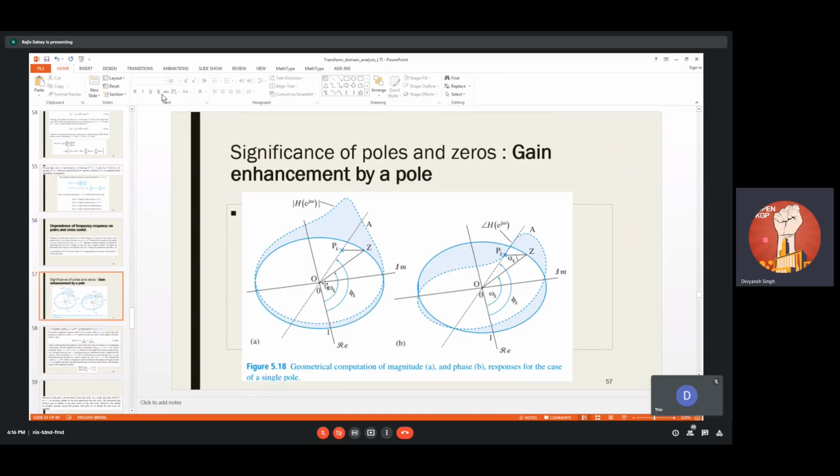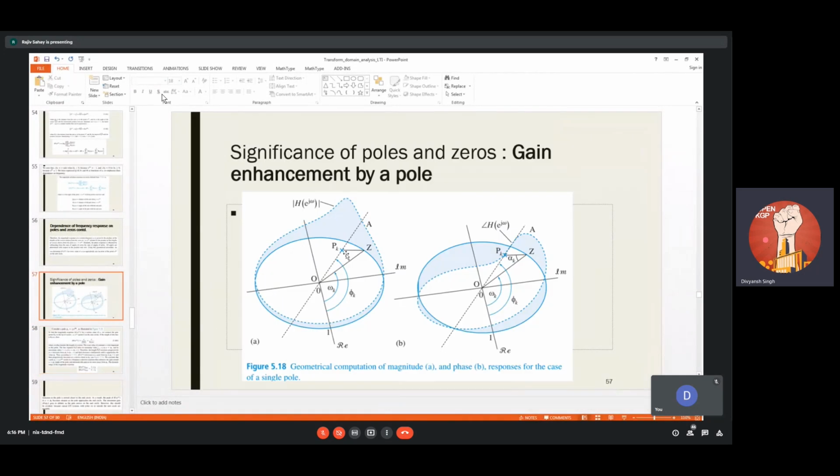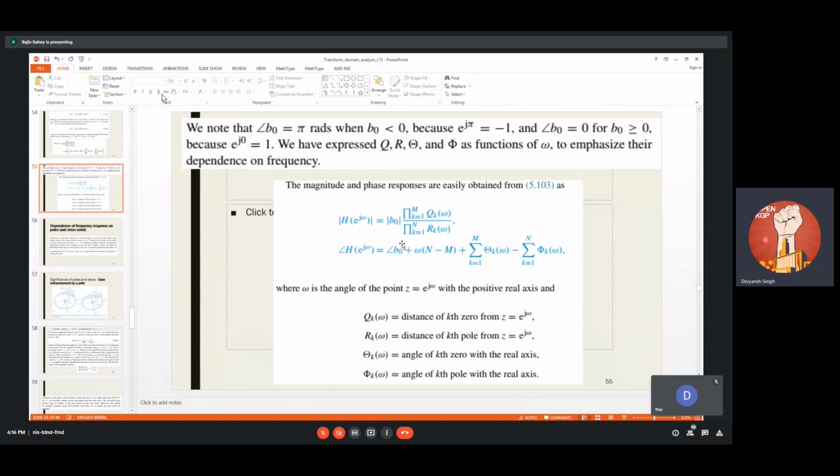So the modulus of H(e^jω) is equal to some kappa divided by the PkZ vector. So that is equal to kappa divided by capital Rk, because your PkZ vector was denoted as capital Rk e^(j capital phi k). You see here.